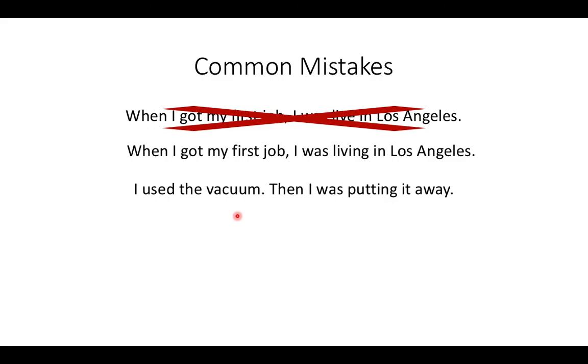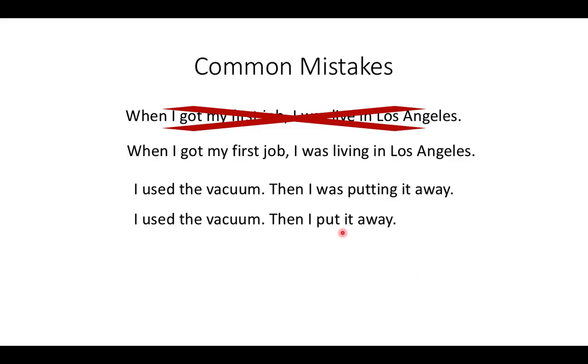So that's telling the person that's listening that you were doing the action and then it stopped. It would be better in English to say I used the vacuum and then use the simple past tense of the verb. Then I put it away.